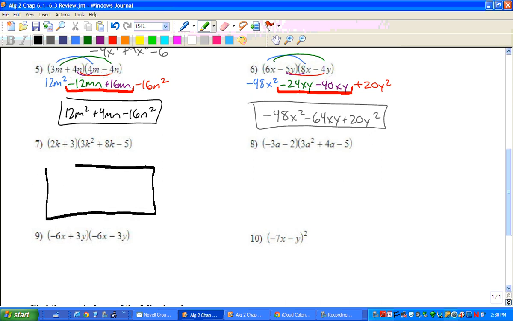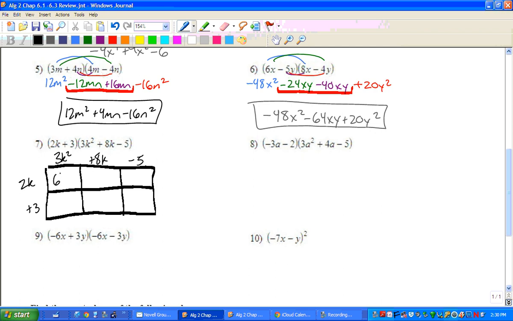Since it's a binomial times a trinomial, I'm going to do the box method. My 2k plus 3 on one side and 3k squared plus 8k minus 5. And then you just multiply everything inside the box.